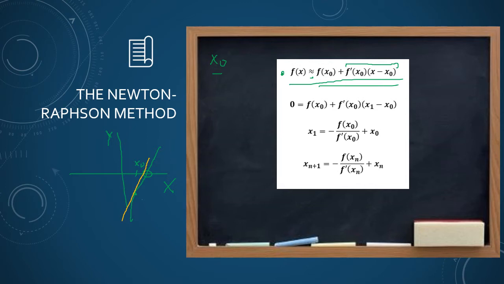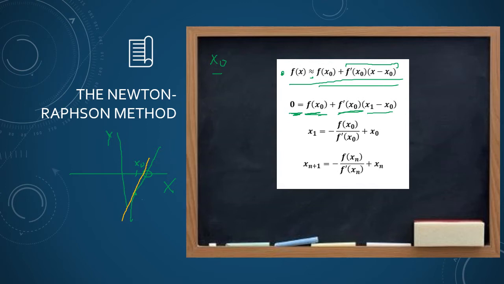Now, say we want to find where our technically new function is equal to 0. Well, we can solve for that. These are values already: f at your initial guess, plus f prime evaluated at your initial guess x naught, times x1 minus x naught.